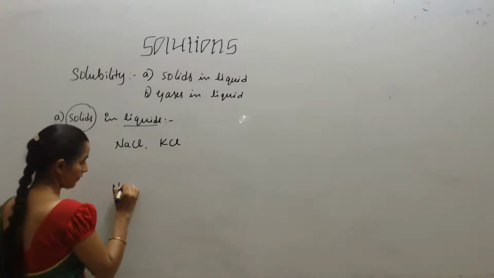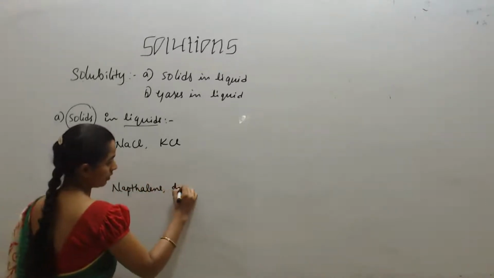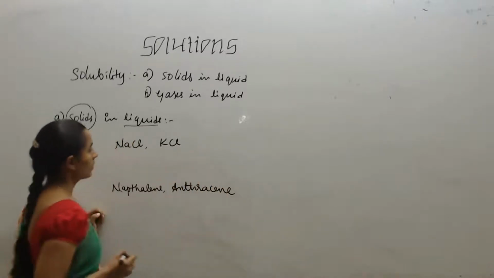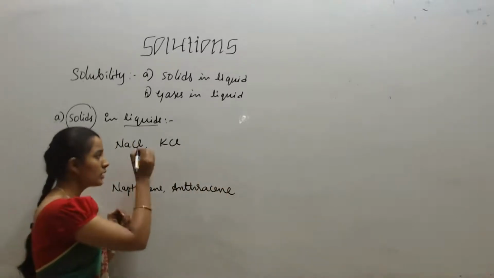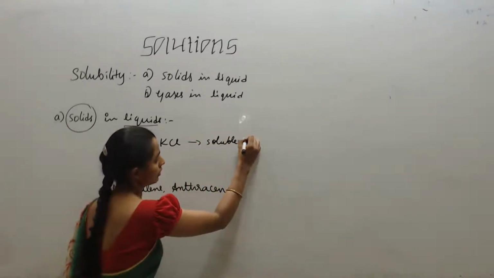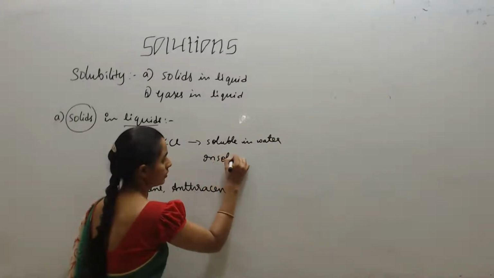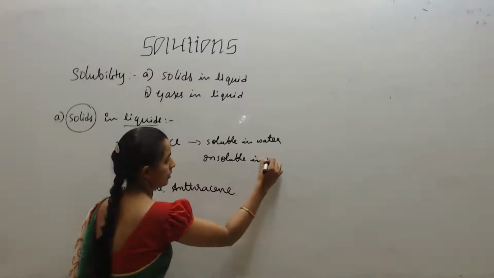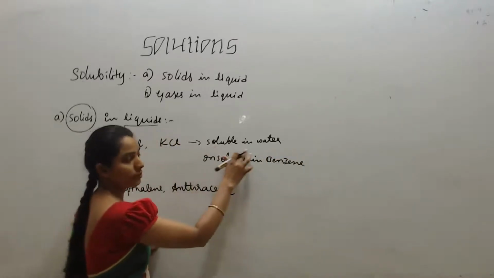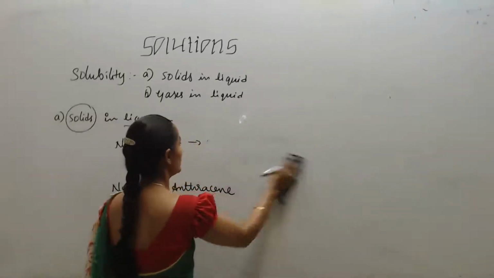Next, naphthalene and anthracene. Okay, so students, these are easily soluble in water, insoluble in benzene.